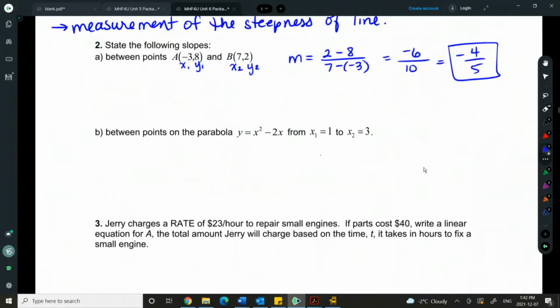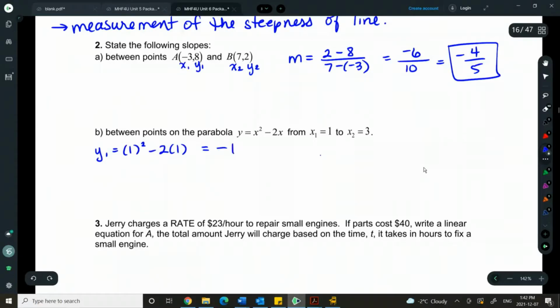We can also find it if we're given an equation and we're given 2 x values. So we find y1 and y2 by subbing in x1 and x2 into the equation separately. So to find y1, I'm going to sub in x1, which is 1, into my x's here. And then I'll just calculate. So we'll have 1 minus 2, and that will give us negative 1.